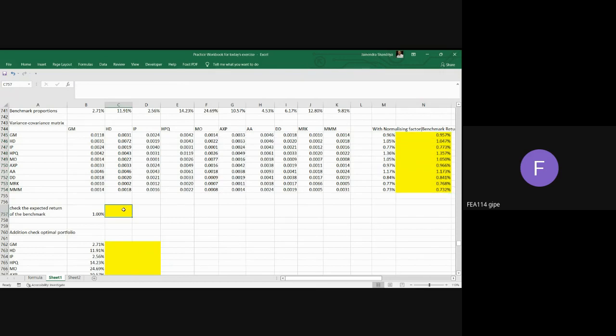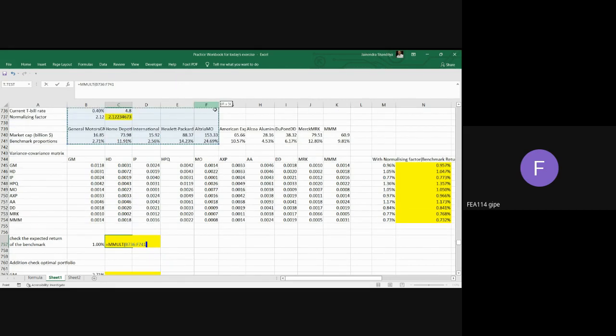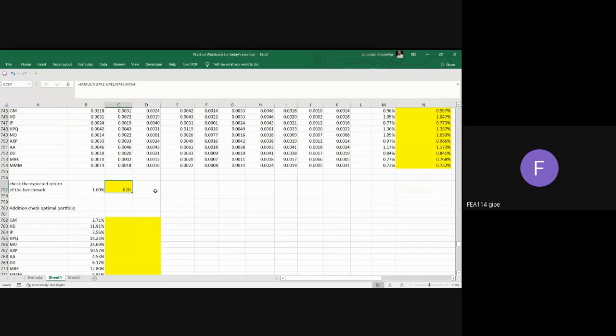Just put the cursor here and do the matrix multiplication of this proportion into this, and then you get the answer. So you got 0.01, because this is in fraction, not percentage. If I use percentage, you'll get 1%. Okay, so this is what it is.